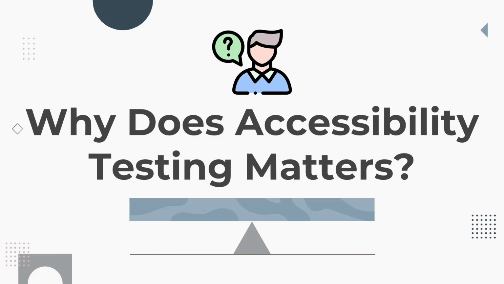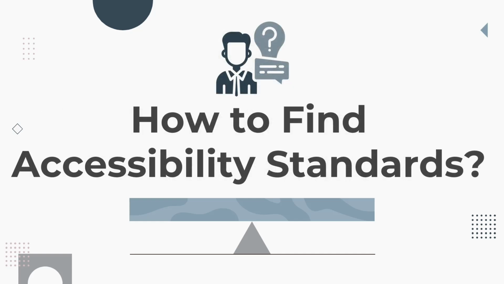Throughout the course, you'll explore key questions like, why does accessibility testing matter? You'll understand how it impacts real users, supports inclusivity, and helps meet legal and business requirements. You'll also learn what the official accessibility standards are, such as WCAG, where to find them, and the key principles: perceivable, operable, understandable, and robust, to guide your testing.